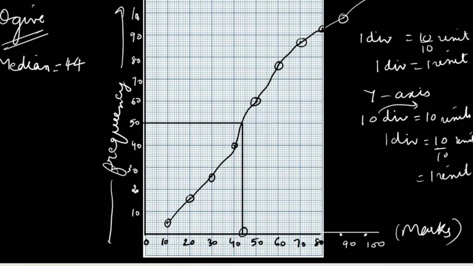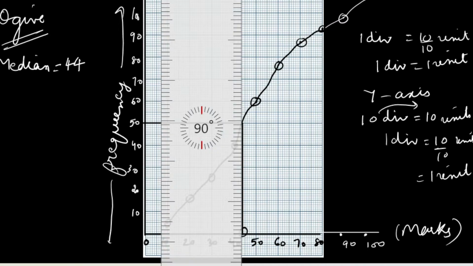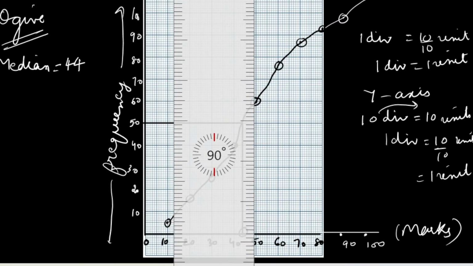For that, at 50 we will just draw a vertical line. See, at this point 50 we'll draw a vertical straight line, and the line should touch the curve.